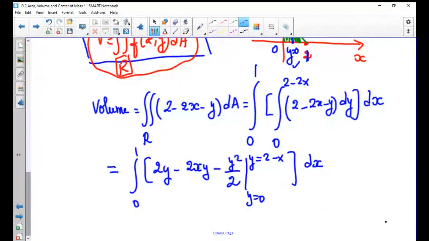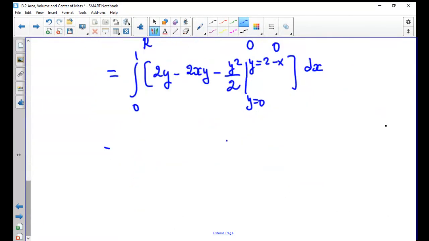Okay, great. Now we substitute. So let's see how we complete this. So we go from 0 to 1. Let's substitute. So it's going to be 2 times 2 minus 2x, sorry.